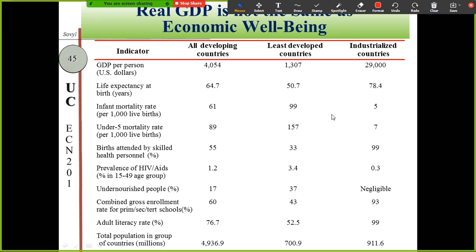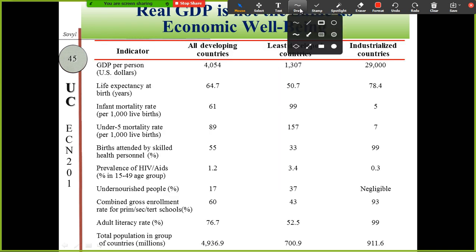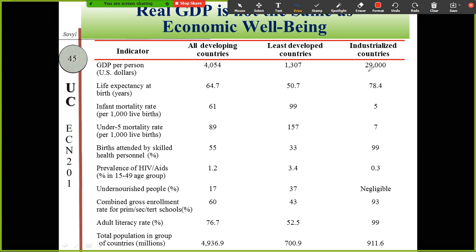Okay, this is data that you can see on your own. There are many indicators to compare developing countries, the poorest countries, and developed or industrial countries. In terms of positive indicators, you can see rich countries tend to have more.